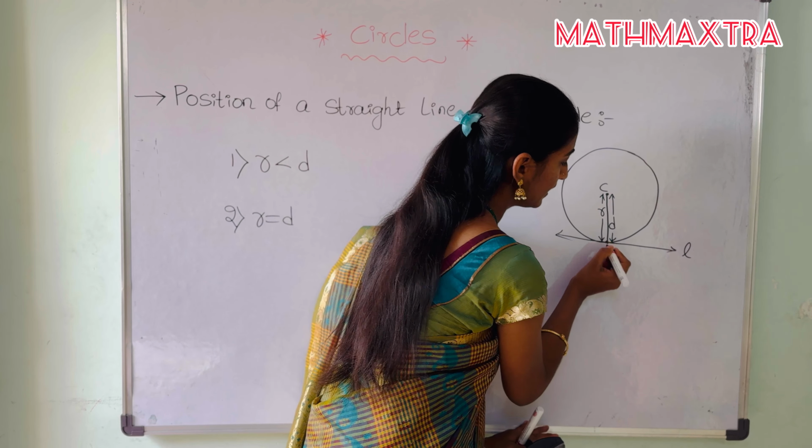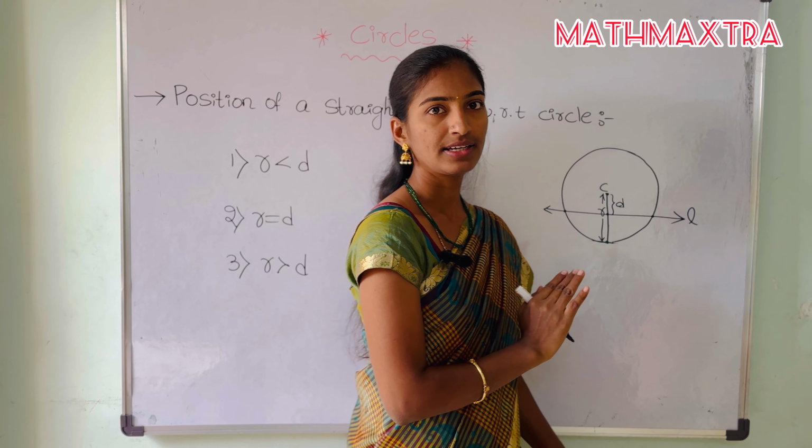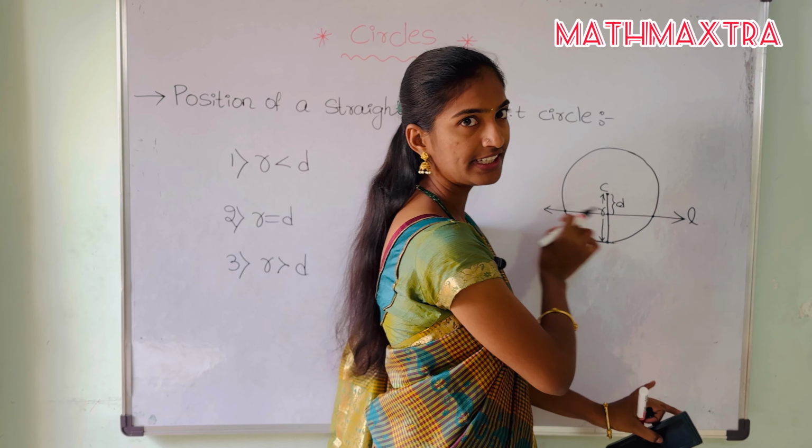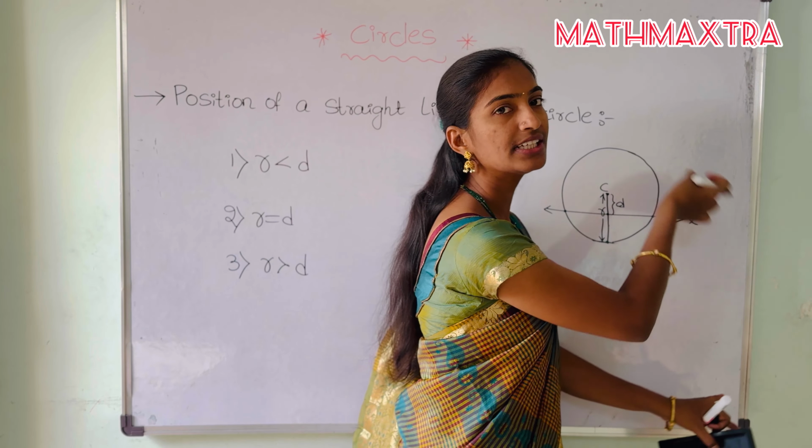So what happens? Then this line automatically intersects the circle in two distinct points. This is one point and this is one point. So this line will become a secant line of the circle, because it is a line which is intersecting the circle in two distinct points.